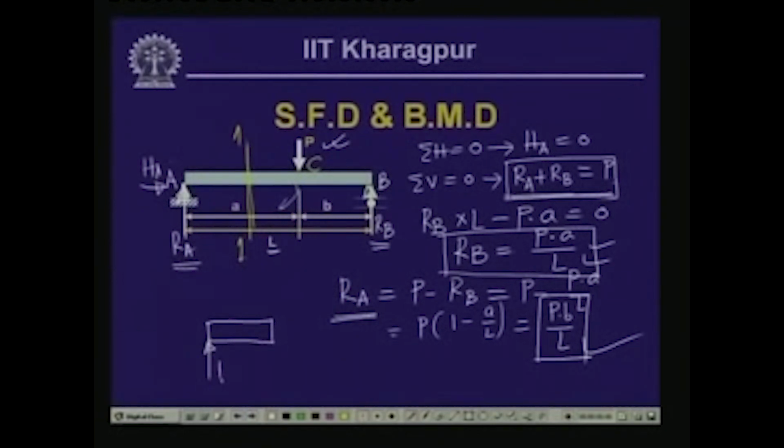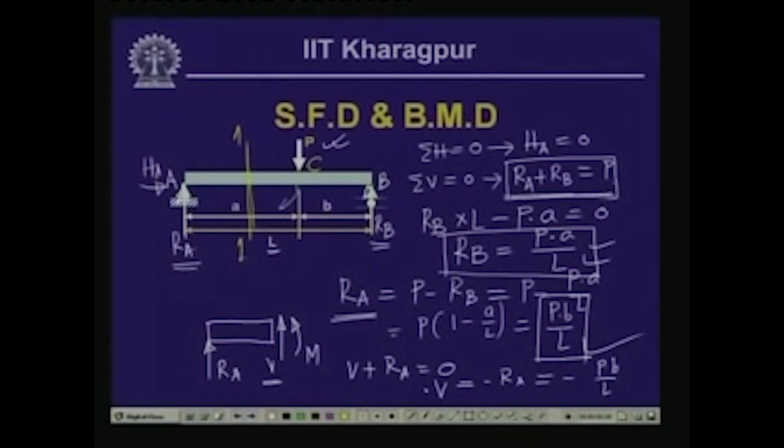Here we have the reactive support R A. On this part there is no external load, but on this section there will be stress resultants V and the moment M. Now, if we take the equilibrium of the vertical forces, then V plus R A equals 0. So, this gives us the shear force equals minus R A, and R A, we have seen, is P B by L. So, this equals minus P B by L.